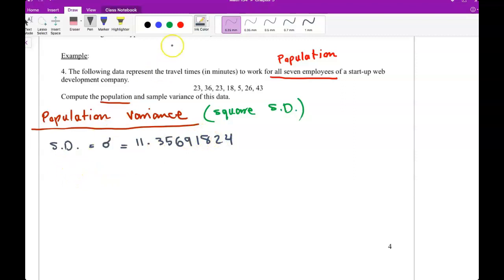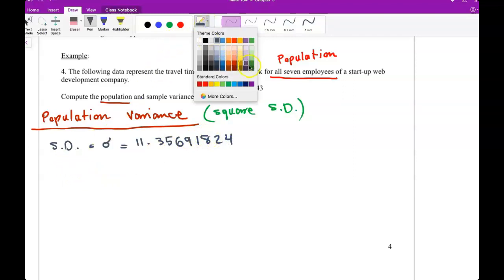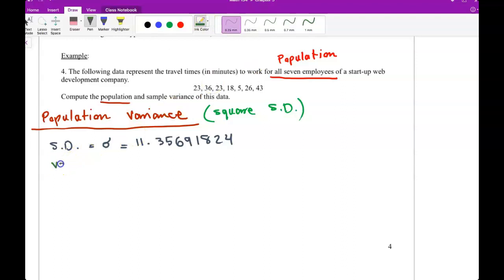Now finding variance, which is equal to standard deviation squared. So 11 point, exactly this number here on top, squaring that.